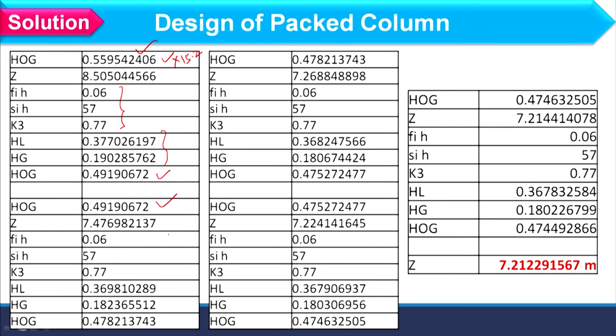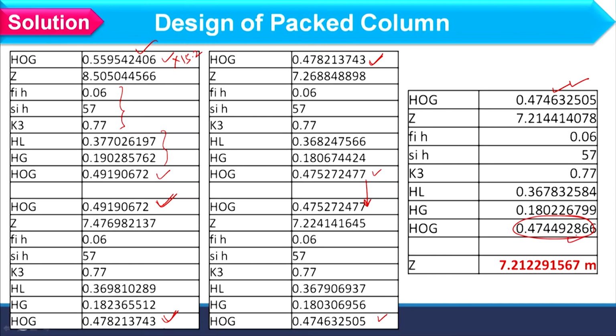Okay. So I keep on doing the iterations like this. You see, 0.49 we assumed, and we obtained 0.478. Further, this value we assumed and found 0.475, and considering this value we can find 0.4746, and further considering this value we can find 0.46, and further considering this value we can find the HOG value as 0.4745, right.